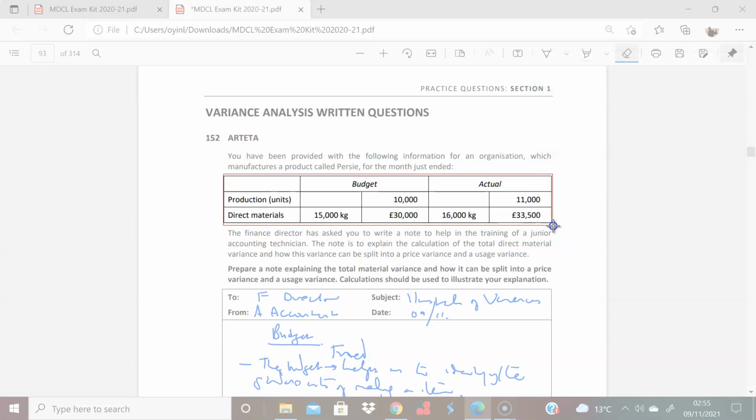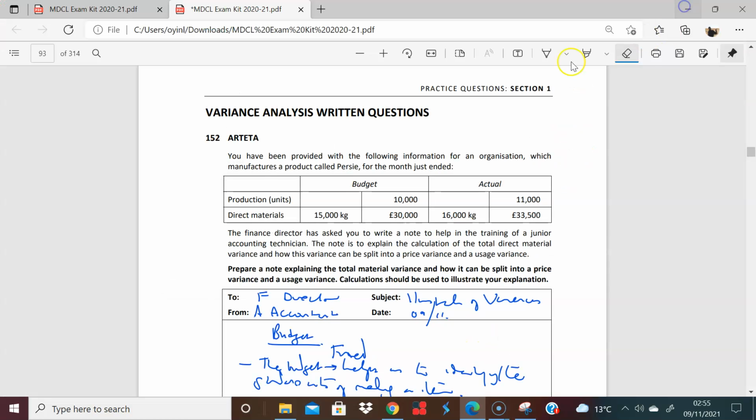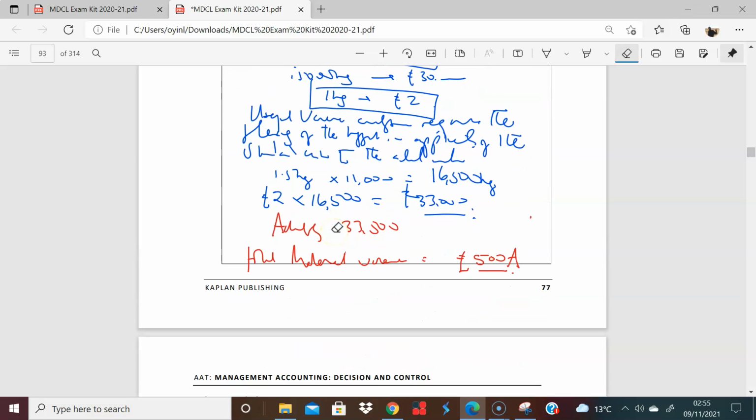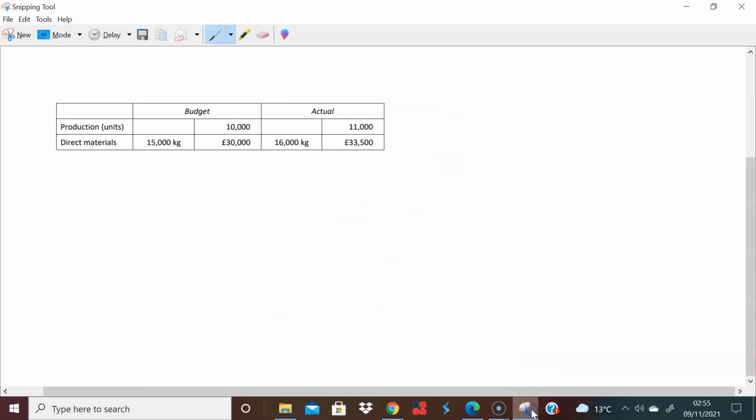So we're here. 1.5 kilograms per unit. This is useless to us now. You should have done one for 11,000 units.